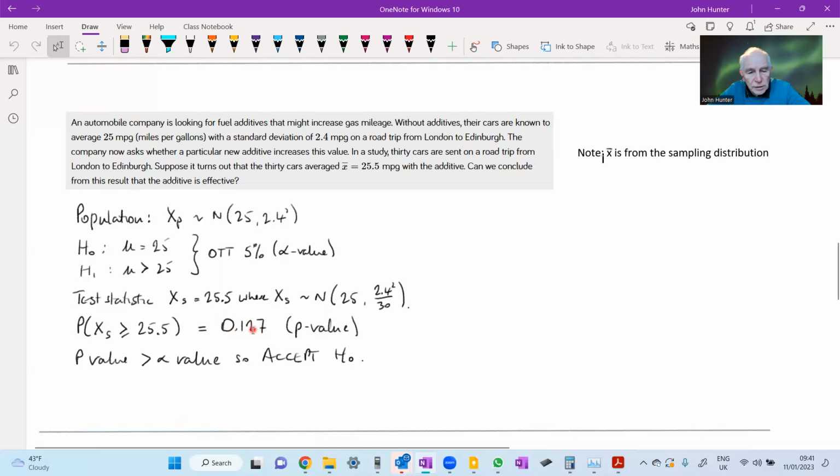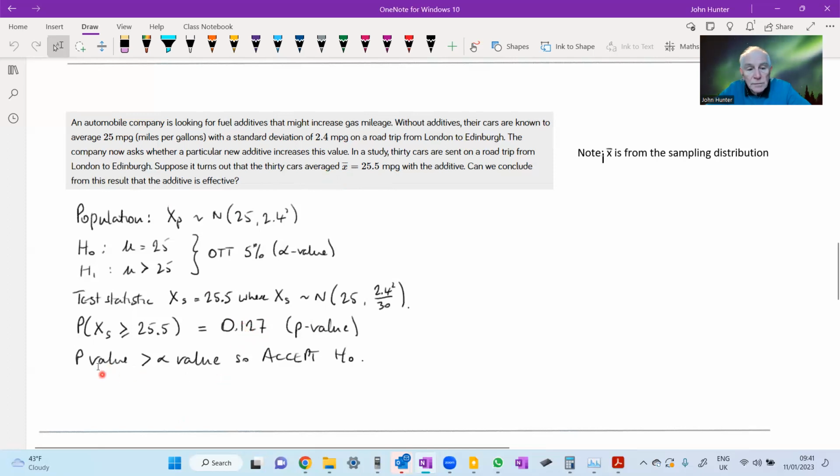Now that is not particularly low. If it was 0.0127, we would be saying, well, it's very unlikely that this figure could have been obtained with these assumptions. But on this occasion, this is quite high, and what we're basically saying is it's just random variation.